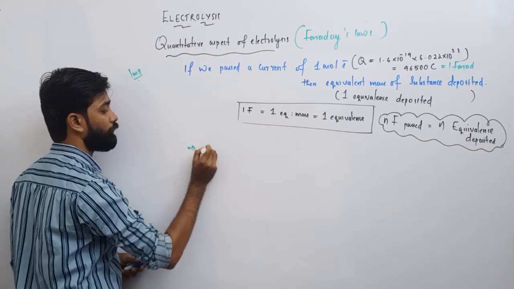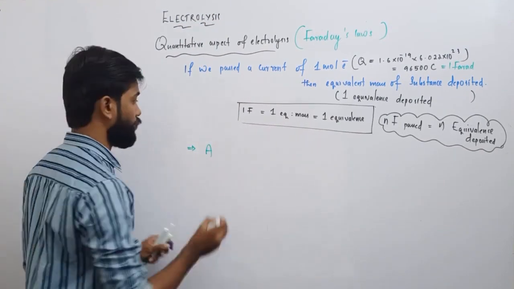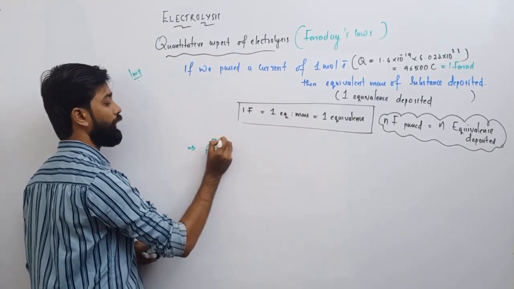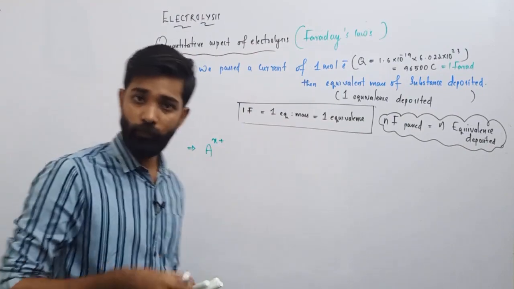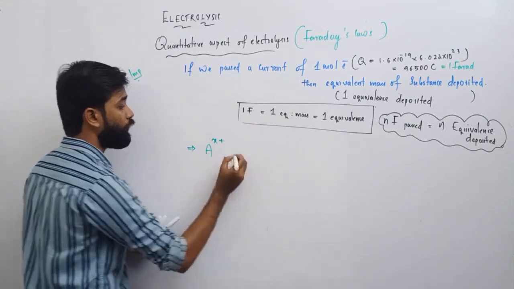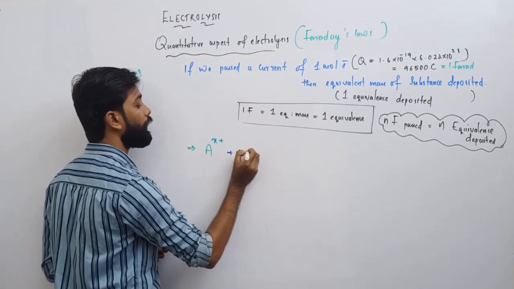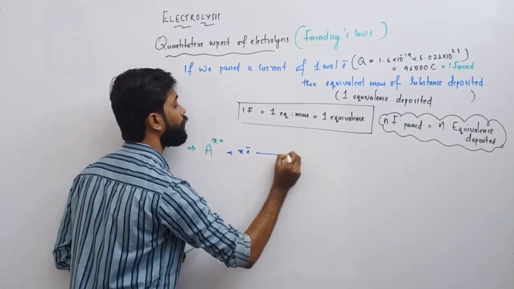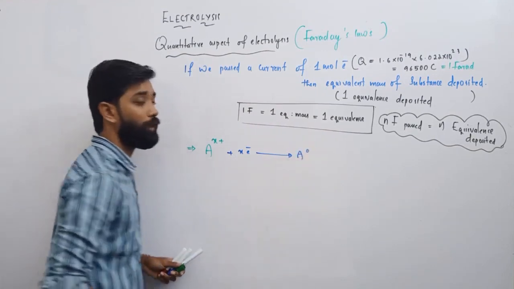For a reaction, let A be a cation. A to the power X plus is the charge. A is a species, and X positive charge is dropped from that. And we all know that if it gains X electrons, then it is discharged as A0, right?